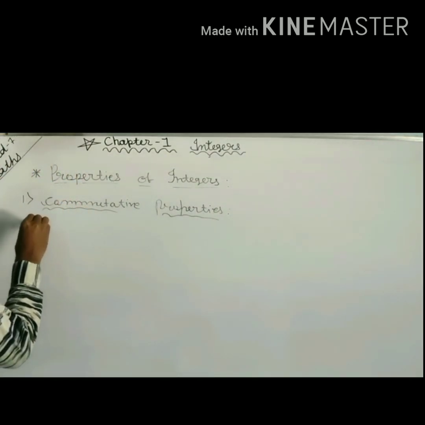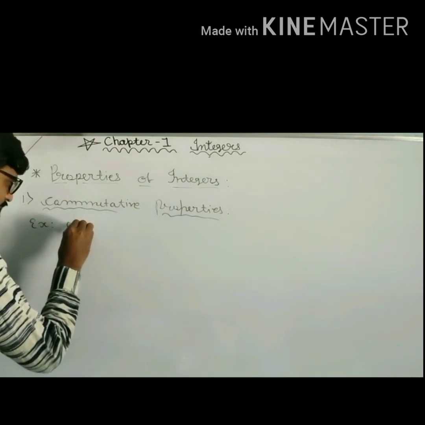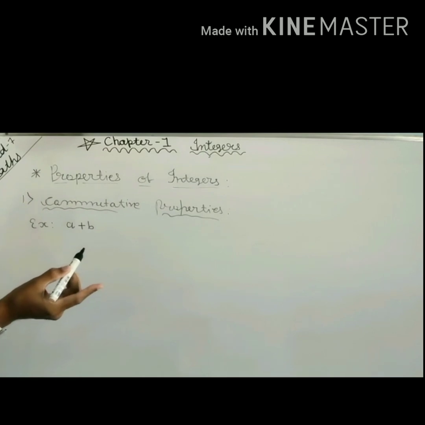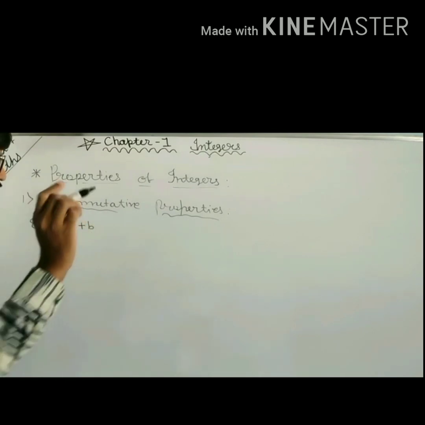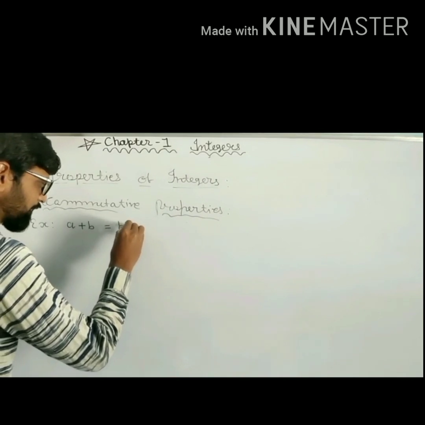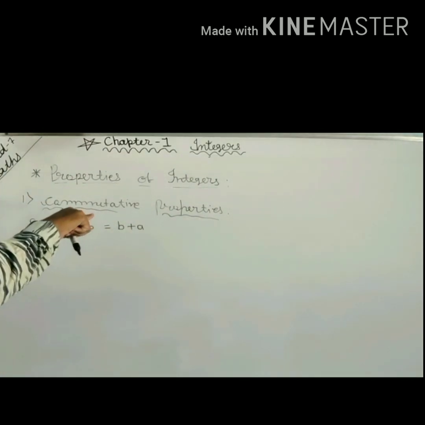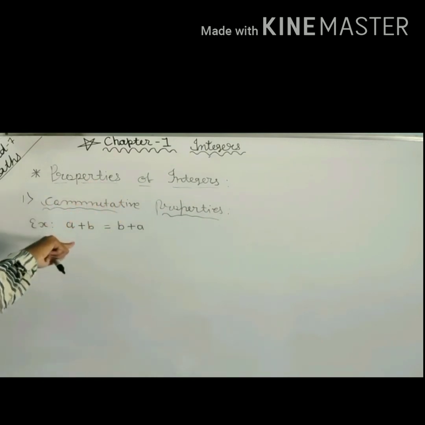For example, here we can understand it by a plus b. Simple. a plus b, then you can also write it b plus a. It is called commutative property of addition.